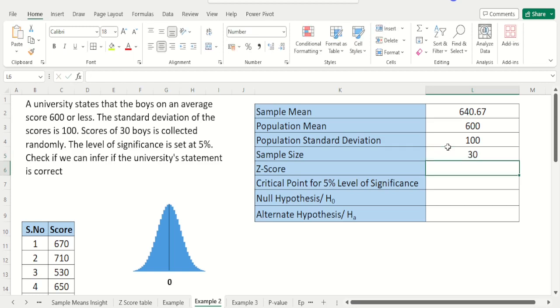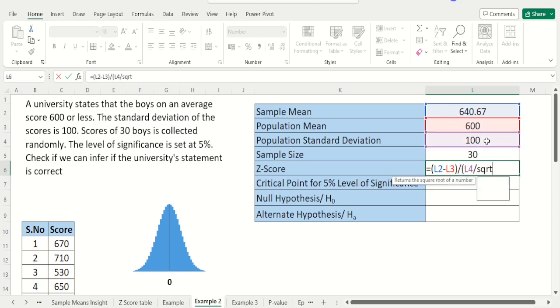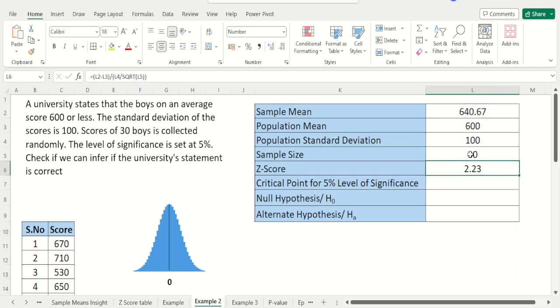What's the z-score of the sample? Remember, the z-score of the sample is nothing but the sample mean minus the population mean, which in this case is 600, divided by the standard deviation, which is 100, divided by the square root of the sample size of 30. This will generate the z-score for us.